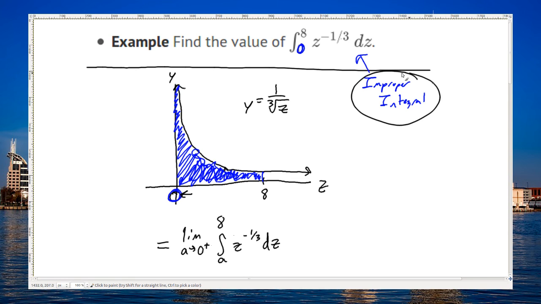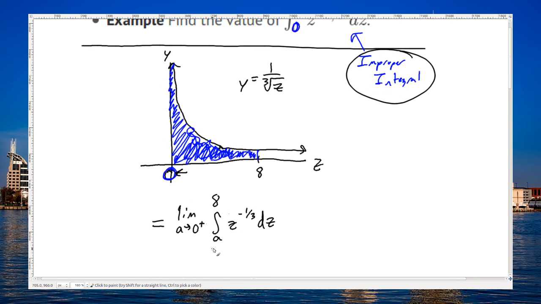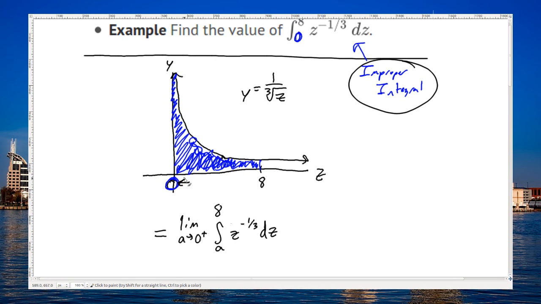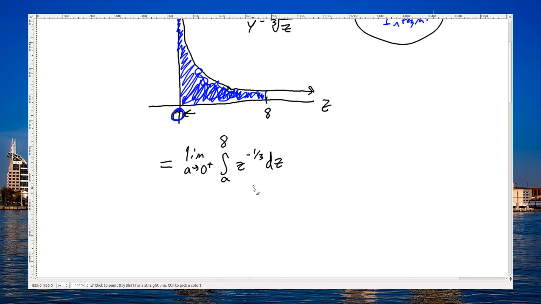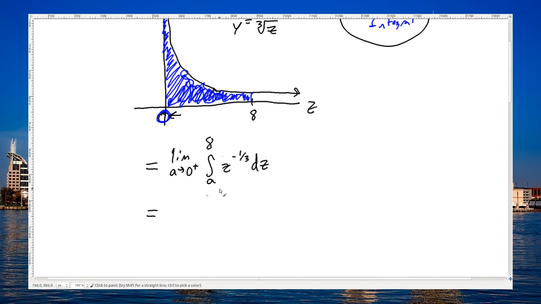So like any other improper integral, if you ever have either a bound that's infinite or a bound that's just not part of the domain, you've got to replace it with either a on the bottom or b on the top and limit that value, that a or that b, to the appropriate number from the original integral bound. So let's see, I can do that. z is going to become z to the 2/3 when I add 1 to the power, multiplied by the inverse 3/2 from a to 8.